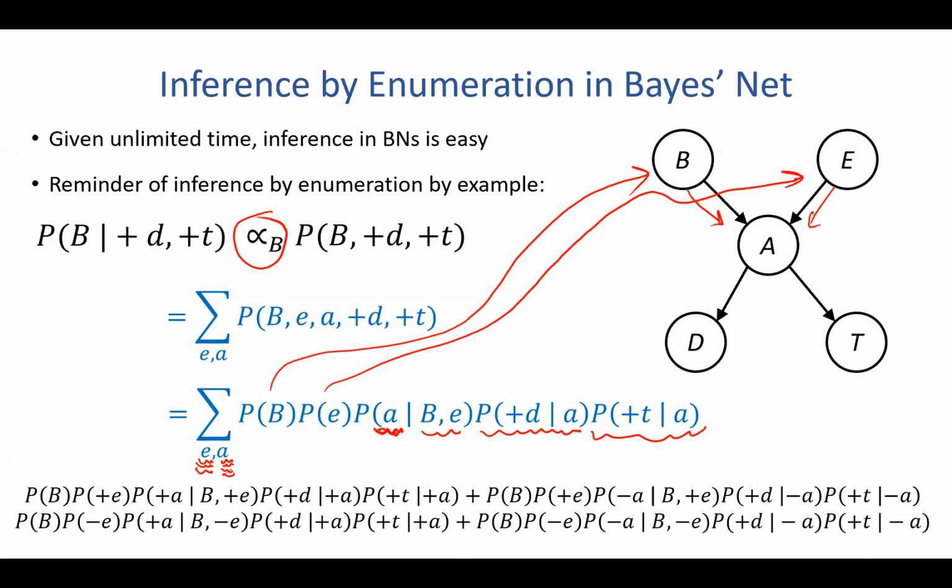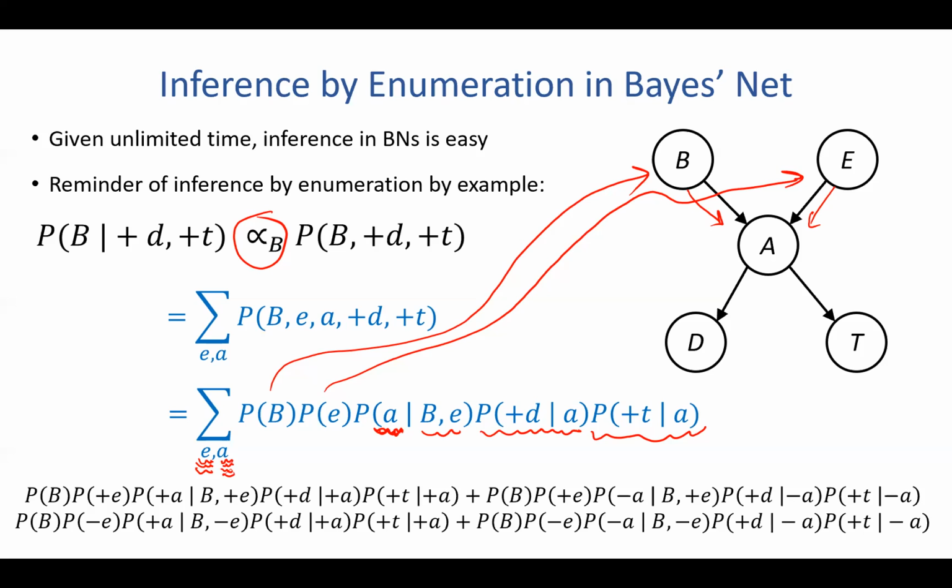We're looking at the query, probability of B given D plus T plus T. So they don't appear in the query variable, but when you have to get the joint distribution, they will appear because of the conditional independence or because of the relationships from the Bayesian network structure that you have, right?